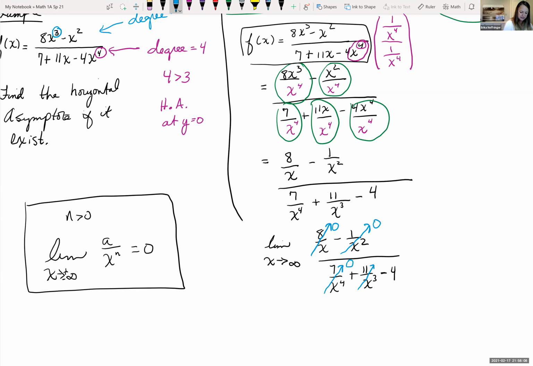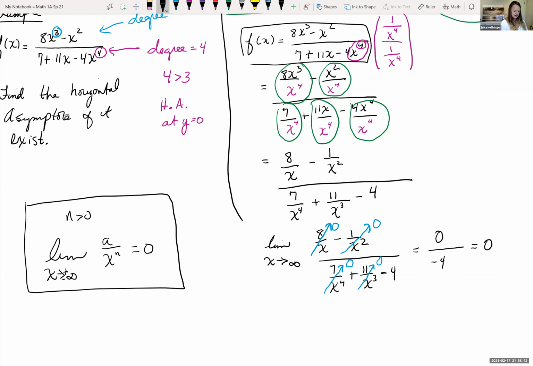And 11 over x cubed as x goes to infinity goes to 0. The only piece that's left is this minus 4. The limit of a constant, remember, is just that constant. And so if we break this down like this, we have 0 left in the numerator, all over 0 plus 0 minus 4. We're okay to have 0 in the numerator and not in the denominator. If it's not also in the denominator, this is equal to 0.